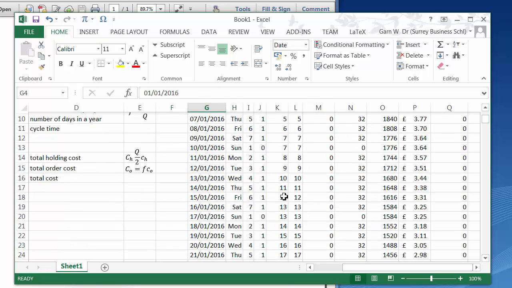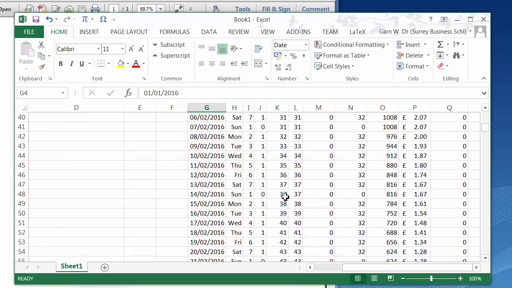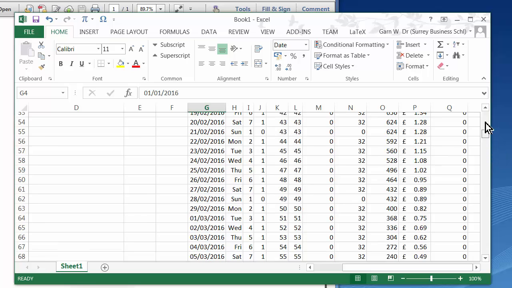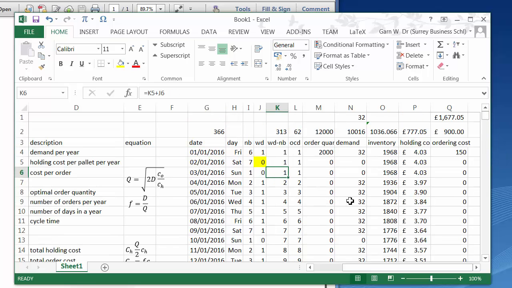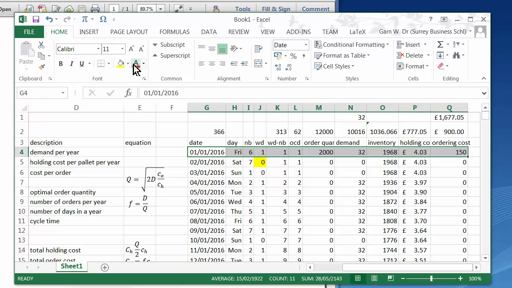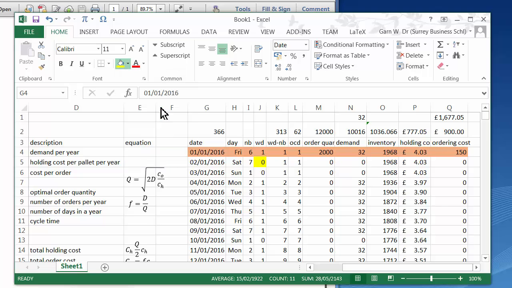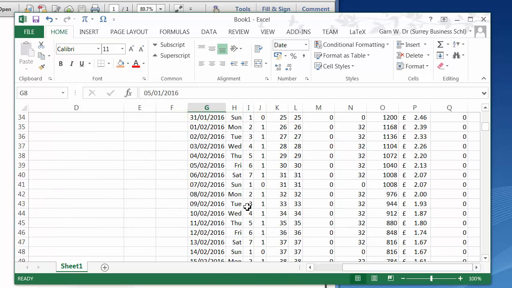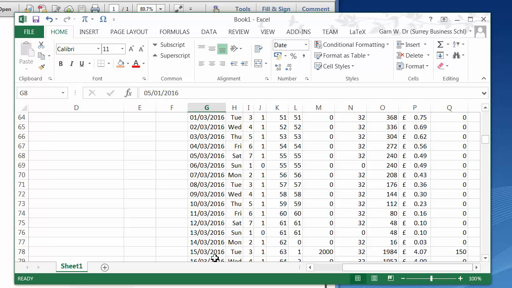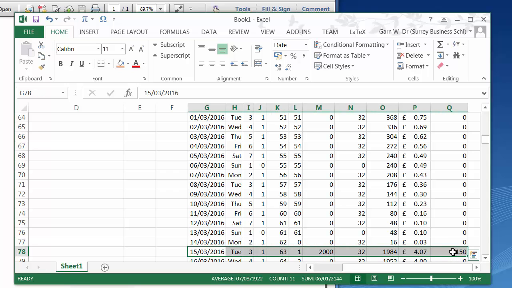Good. This almost completes our tutorial with getting the real ordering dates. We can now see when we have to order. Whenever we incur the ordering cost, then we are ordering. So we can plan ahead and say, okay, we need to order on the 15th of March.